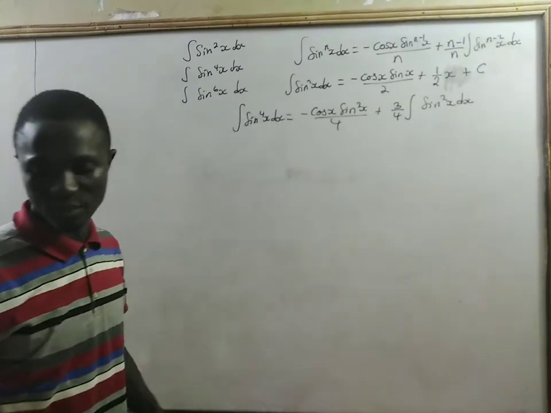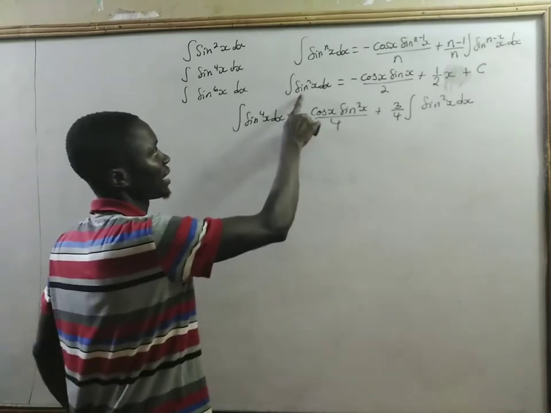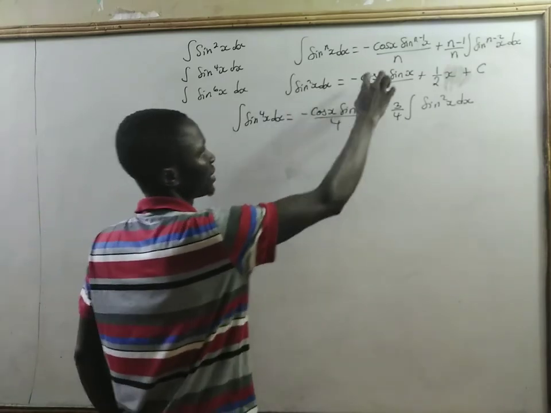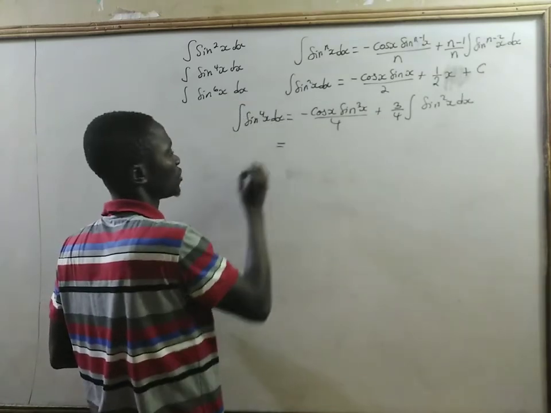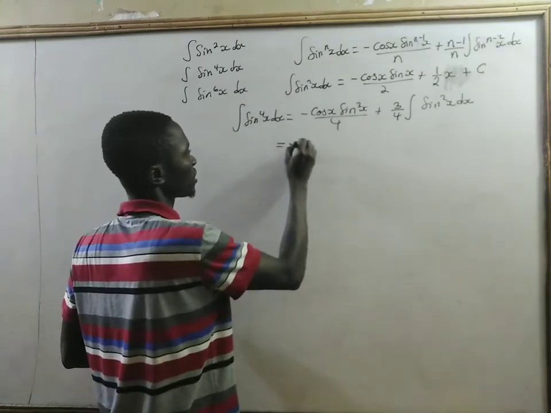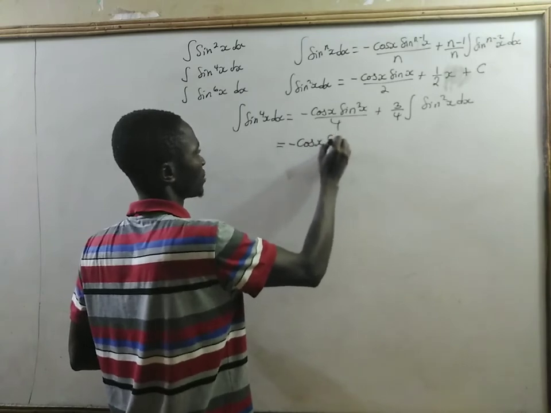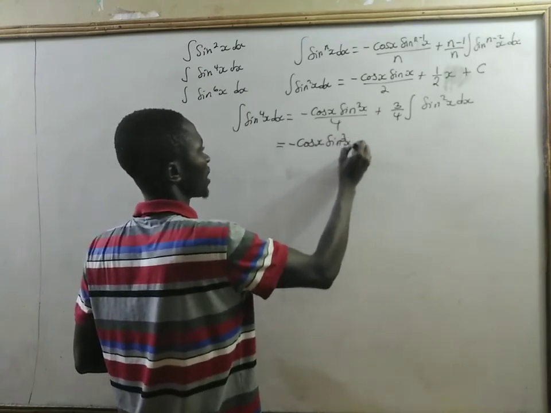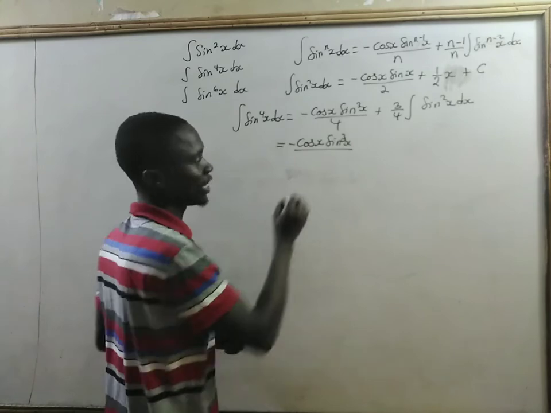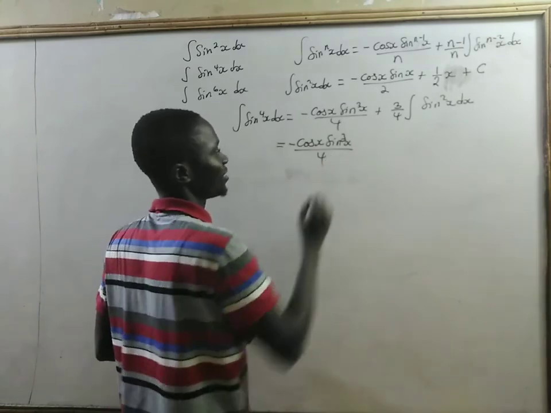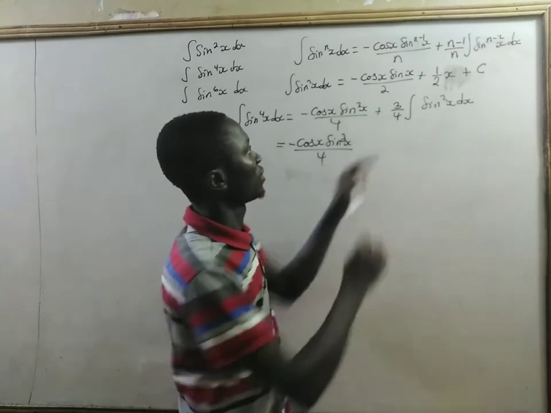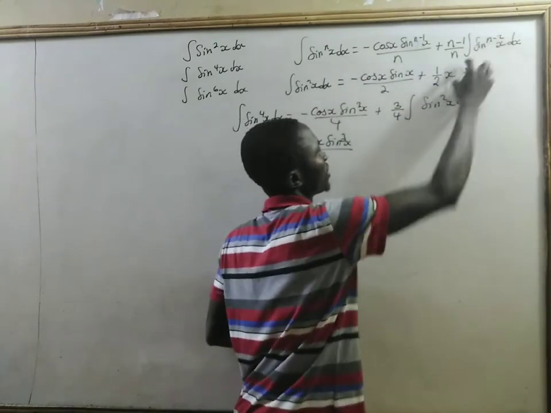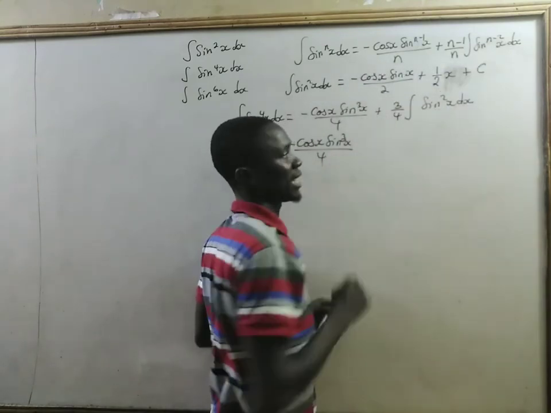Wow. And this is very simple because we've already done the integral of sin²x dx, and this is our answer. So this will now be equal to minus cosine of x times sin³x divided by 4. In place of the integral of sin²x, we put the whole of this right here and multiply it by 3 out of 4.